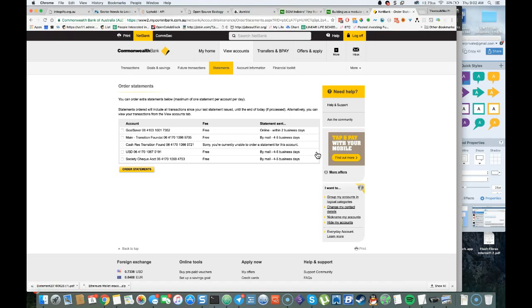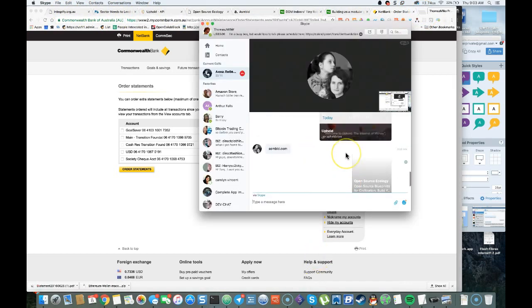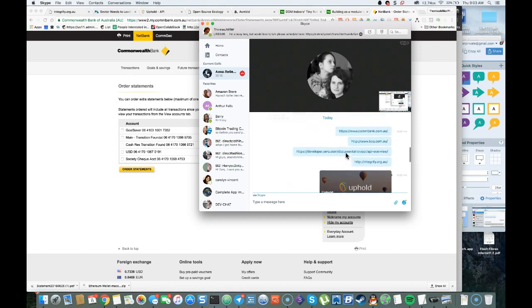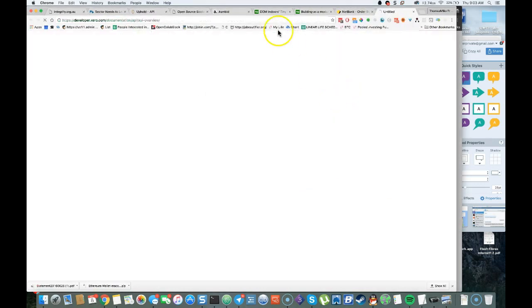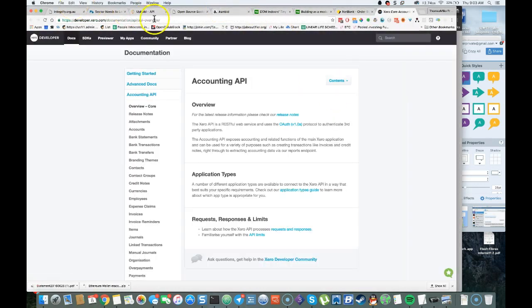Yep. But Xero does connect with Commonwealth Bank. Yes. As I know, in the US, it takes like 24 hours. They're getting data from the bank with the files, so they don't have a direct connection. They don't have APIs.